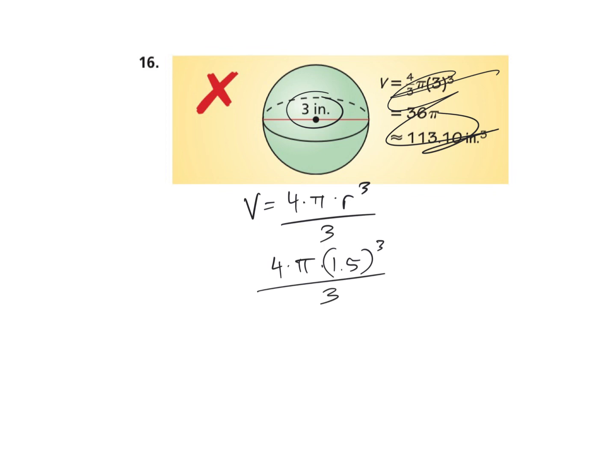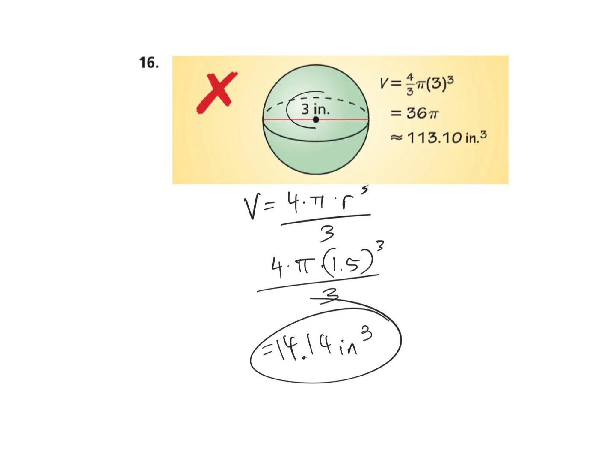So 1.5 cubed times pi times 4, and then we divide by 3, and we get 14.14 cubic inches. So what did they do wrong? Let's erase that stuff and see what they did. And they have cube there, but they used 3 instead of 1.5. They used the diameter. So that's what they did wrong.